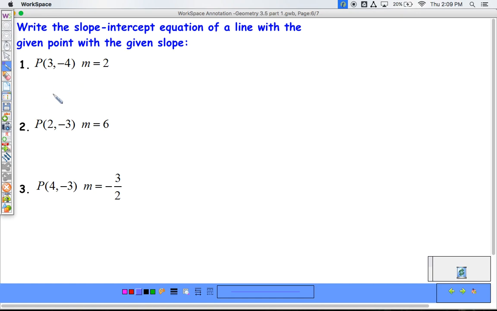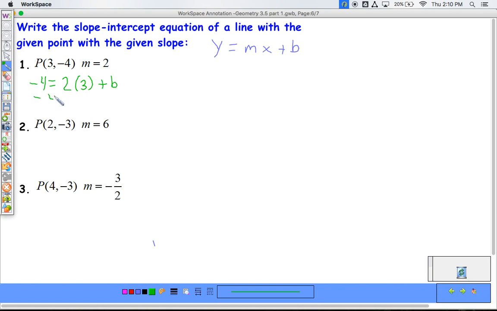So this one, we know our slope. We need to plug everything in again to y equals mx plus b. I'm sick of blue. Let's use green. So y equals, well, y value is -4. So -4 equals mx plus b, what we're trying to find.